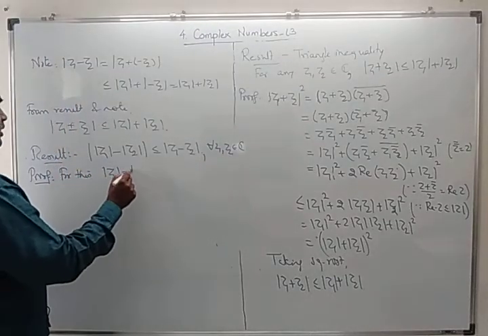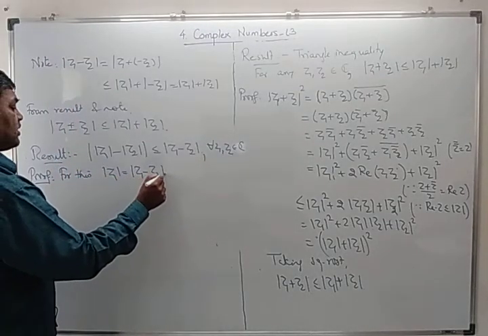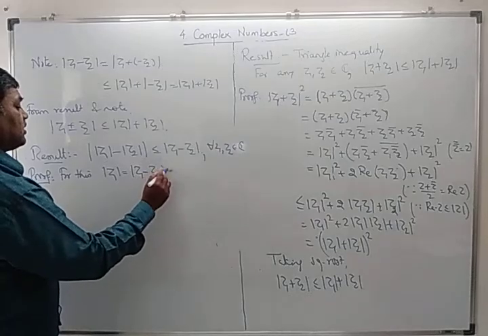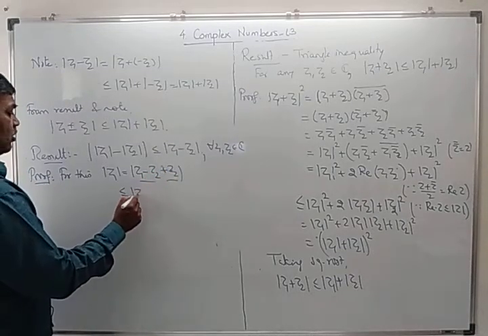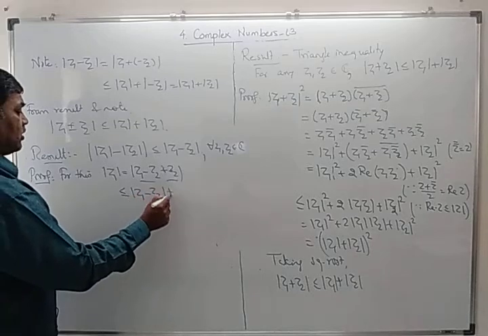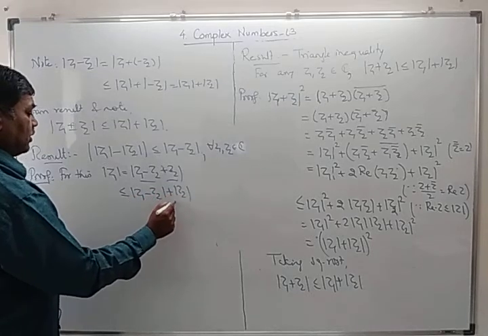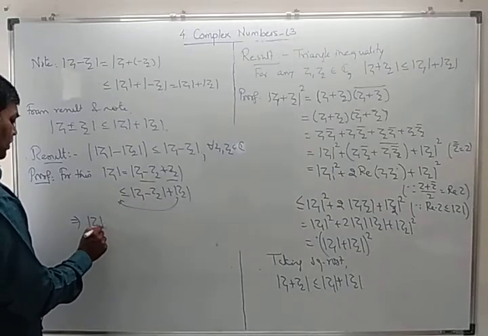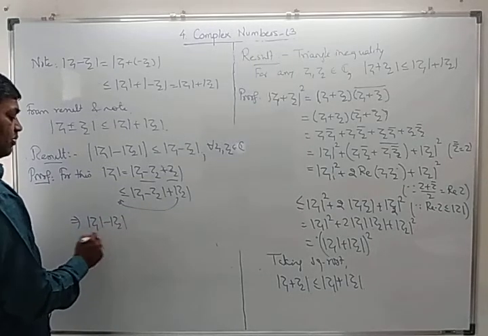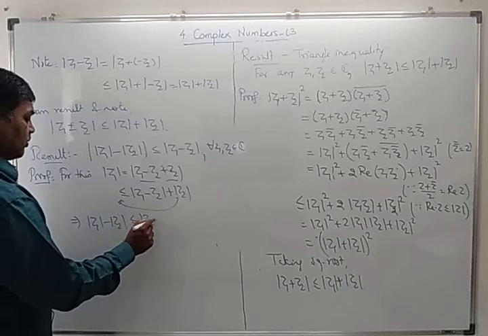Mod Z1 is mod of (Z1 minus Z2 plus Z2). By using the triangle inequality, this is less than or equal to mod of Z1 minus Z2 plus mod Z2. Taking this term to this side, this implies mod Z1 minus mod Z2 is less than or equal to mod of Z1 minus Z2.